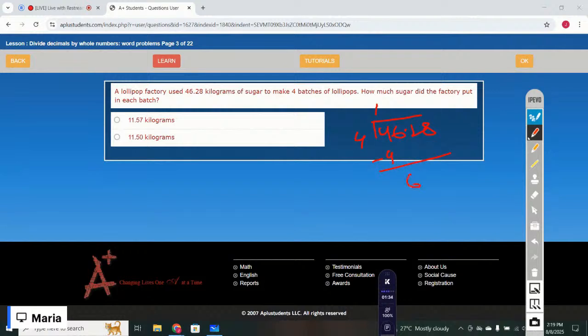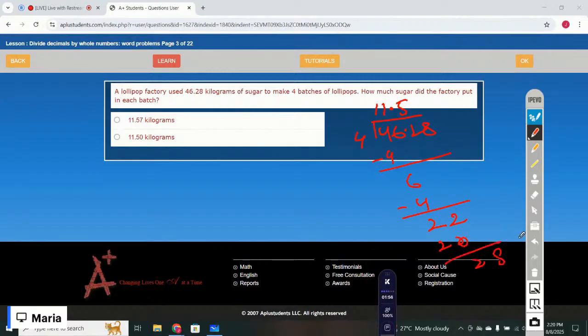Now bring the next digit down. 4 times 1 is 4. 6 take away 4 is 2. Put decimal point over here and 2 here. 4 times 5 is 20.